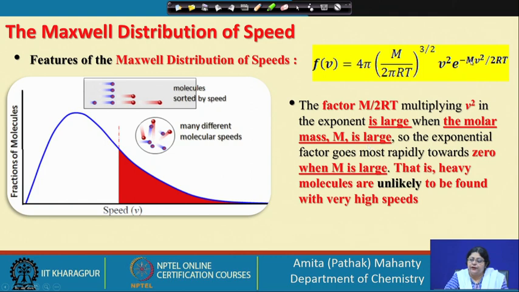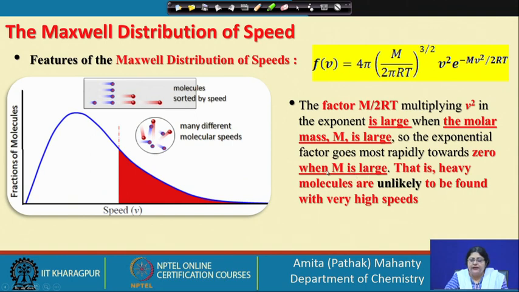Okay. So, this exponential term, it is a decay term, remember. The higher this value is, the higher will be the decay and lower will be the value. So, what we have? We have a higher molecular weight factor multiplied into the exponential factor which is already having a V square. So, the exponential factor goes more rapidly towards 0 when the mass is large.